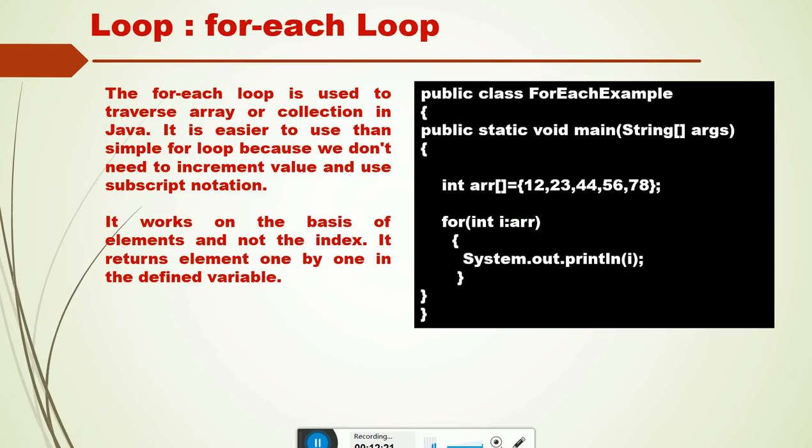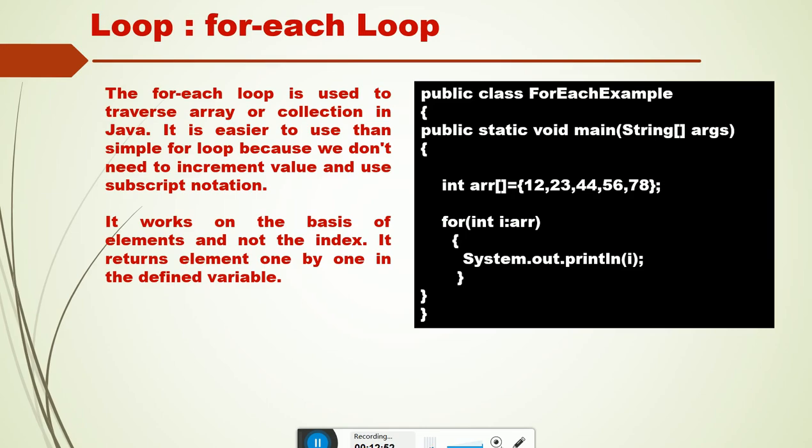Now the data type, that is int, name of the variable i, colon, name of the collection, that is arr, the array. So i will traverse or access each and every element of that array. See here, System.out.println(i). It will print 12, then 23, then 44, then 56, then 78.